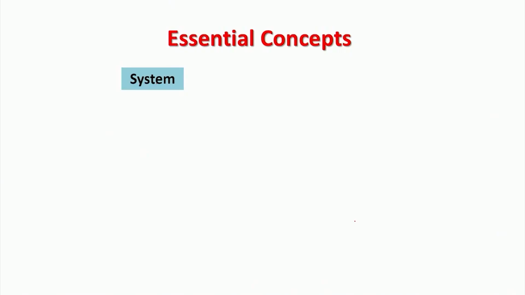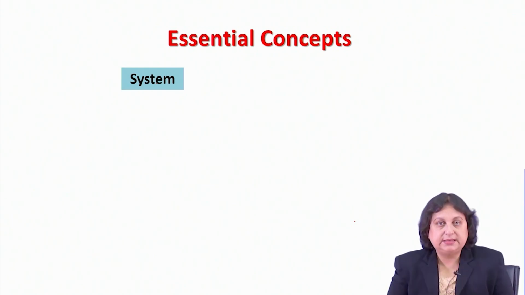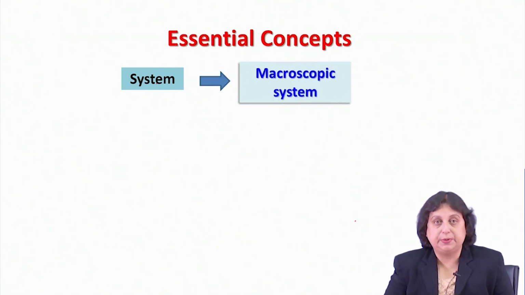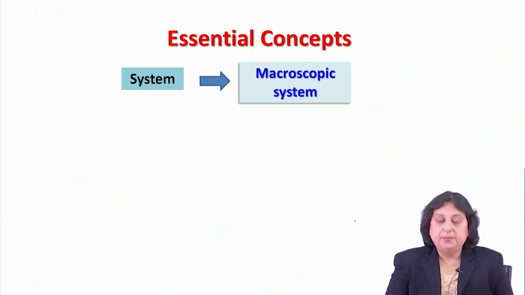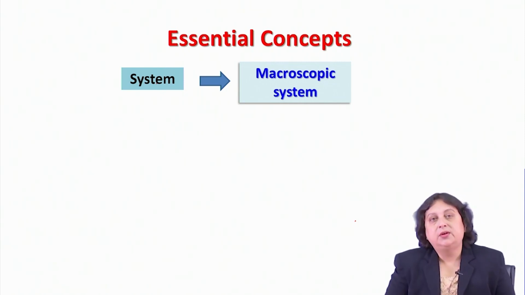Let me next explain the essential concepts that are crucial to the formulation of thermodynamics. First of all, we'll have to define a system, and essentially we'll have to talk about a macroscopic system. I will explain what a macroscopic system is, but before that, let me give you a summary of the questions that are posed in thermodynamics.